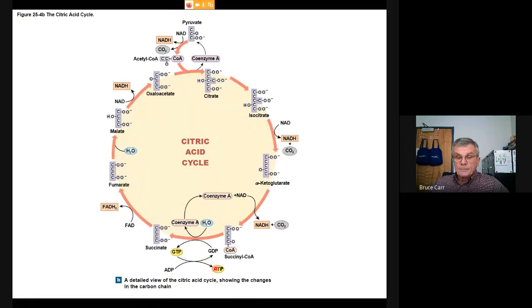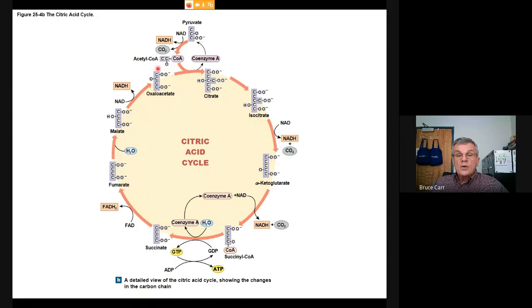Here's that step from succinyl-CoA to succinate, where GTP is produced and immediately transfers its energy to an ATP. Here we have an FADH2 production, another energy yield in the form of electrons to those carriers, to fumarate. Fumarate to malate is just a rearrangement, consuming water, you'll notice, and NADH is produced as we return to the oxaloacetate.